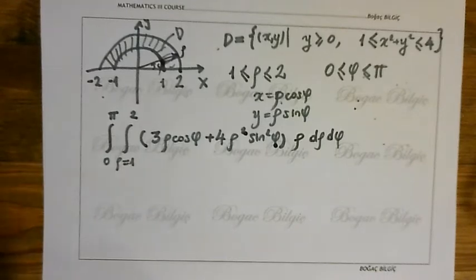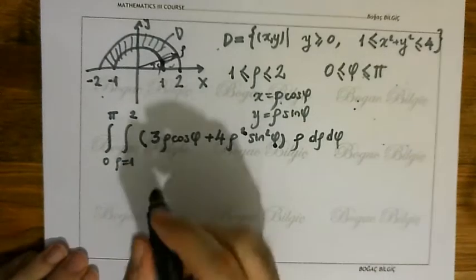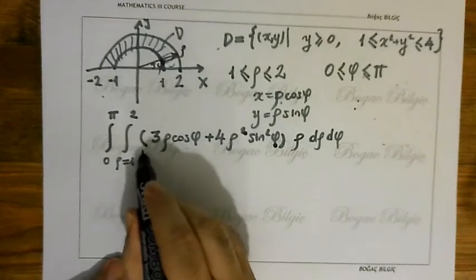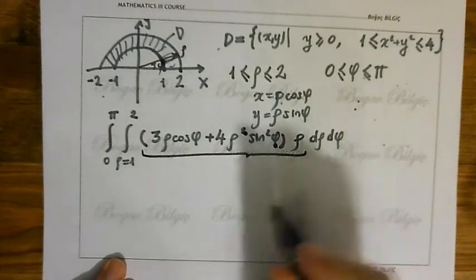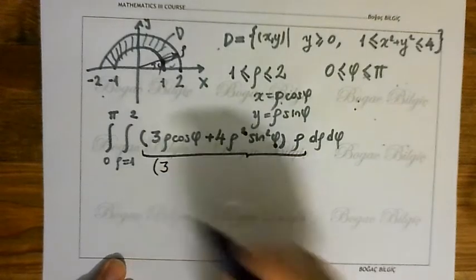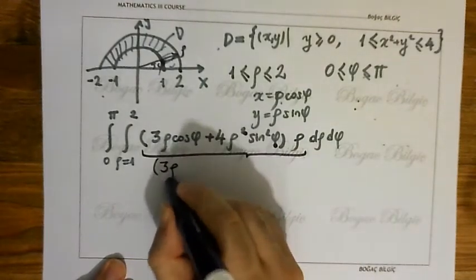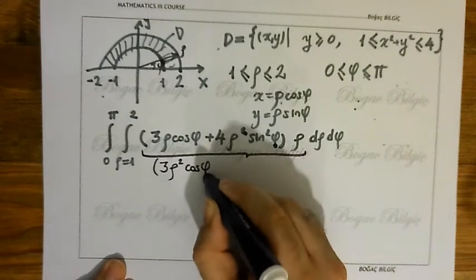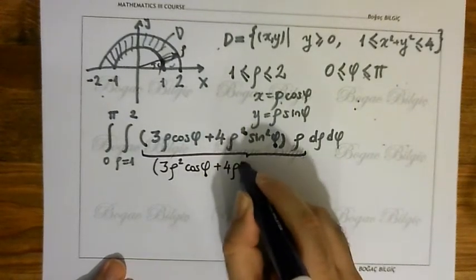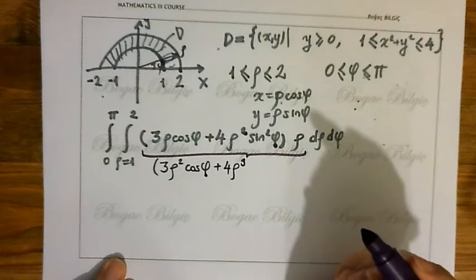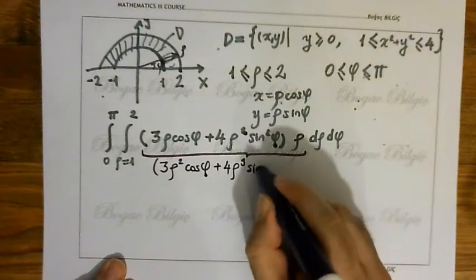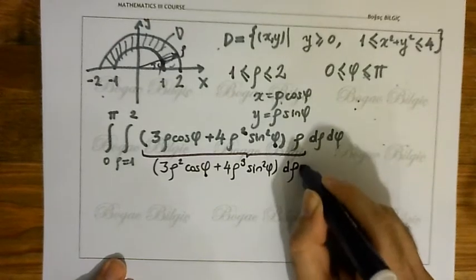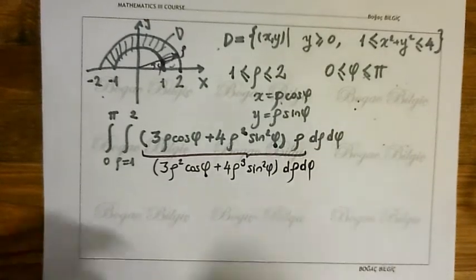And this is 3 rho squared cos phi plus 4 rho third sin squared phi, d rho d phi.